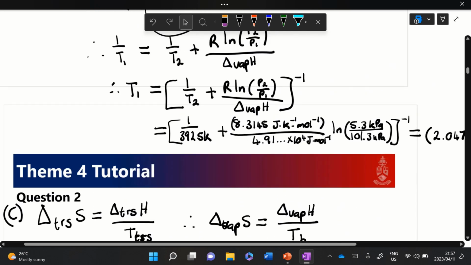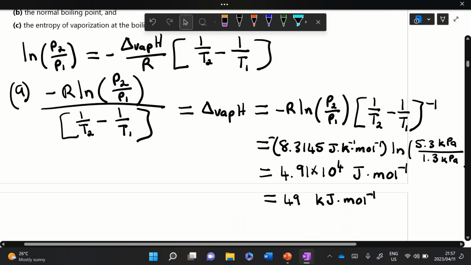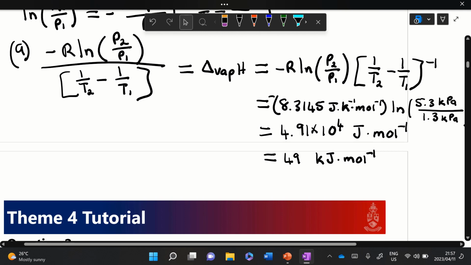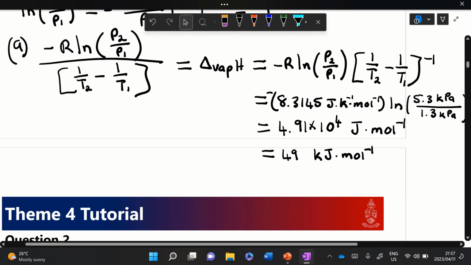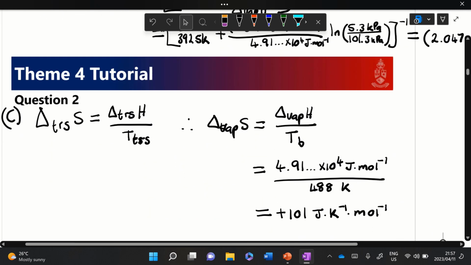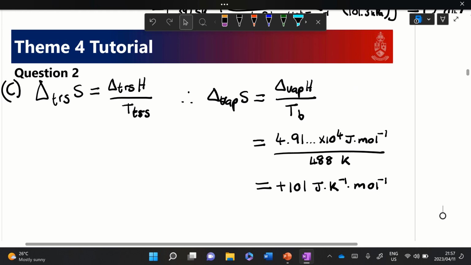And I do apologize for the little mistake with the vaporization enthalpy. It will be correct in the notes, I promise. So just check, but it shouldn't be an issue, I picked it up before finishing. Yeah, anyway, so that is question 2.